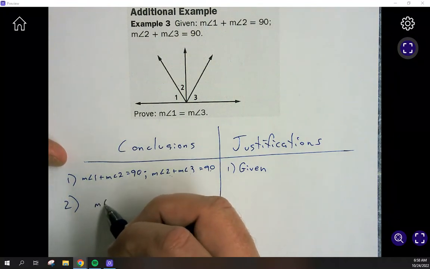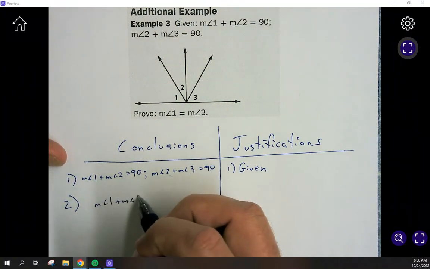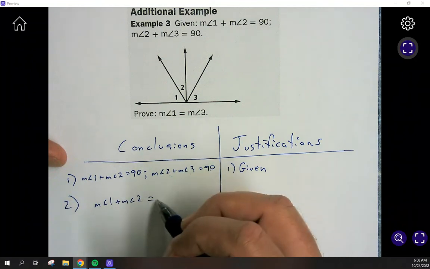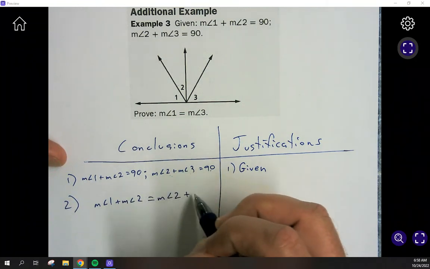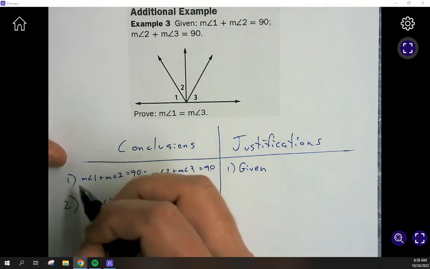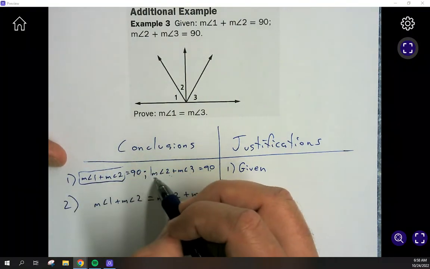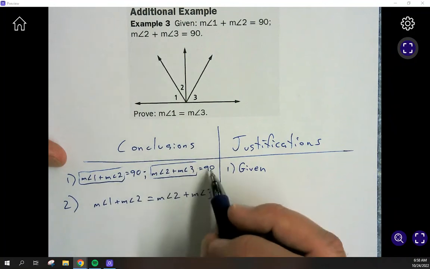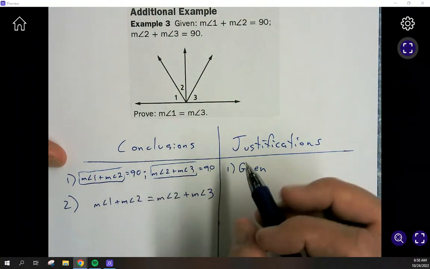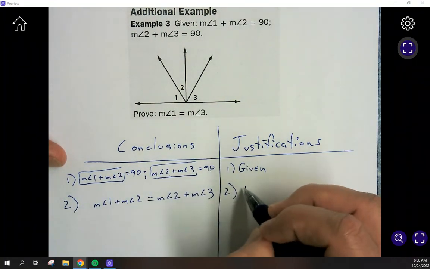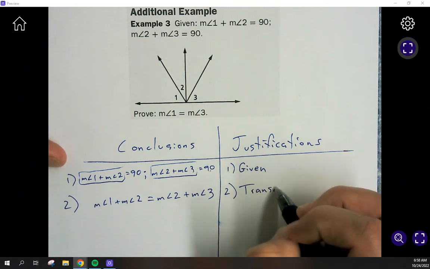So I know the measure of angle 1 plus the measure of angle 2 equals the measure of angle 2 plus the measure of angle 3. And again, the reason I know that is because this equals 90 and this equals 90, which means they equal each other. So this could be your transitive property.